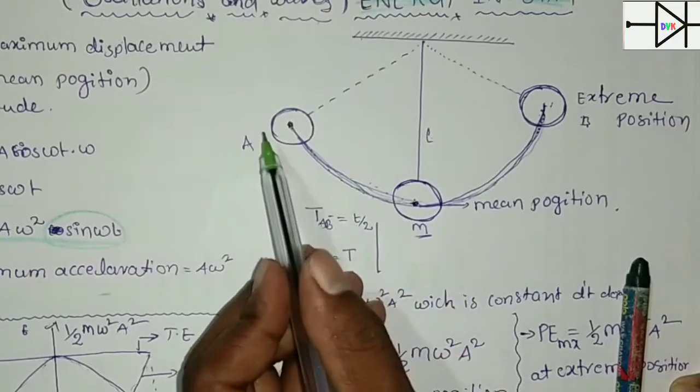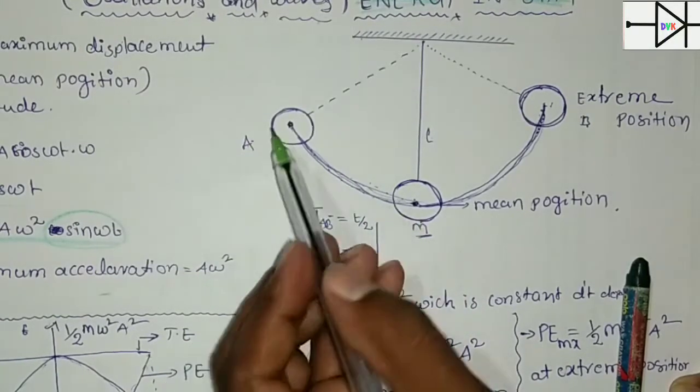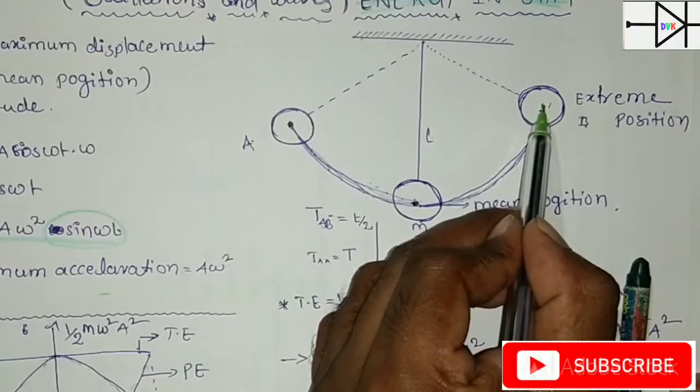The time period of A to B is equal to T by 2.